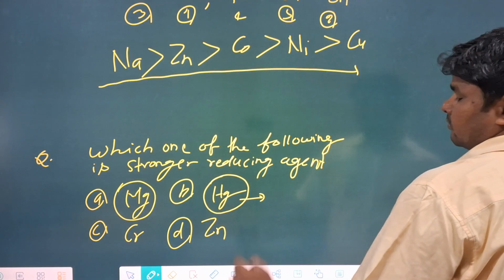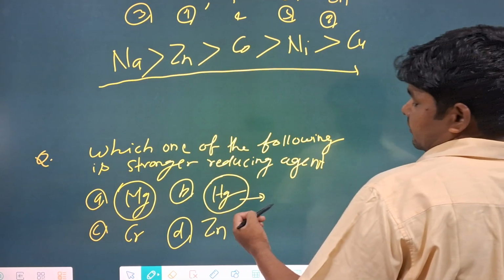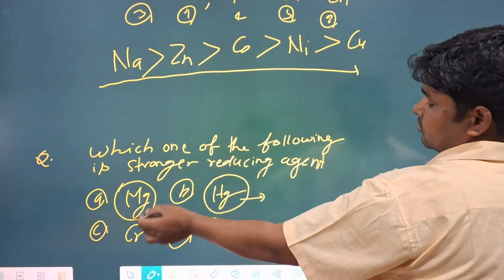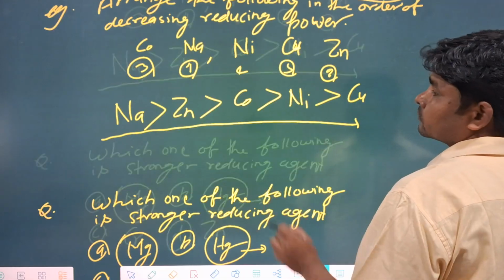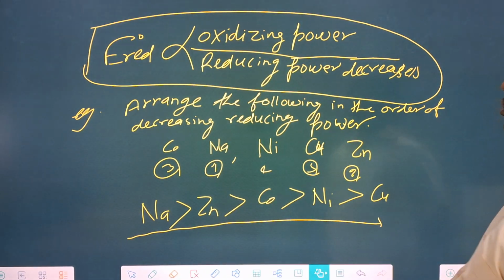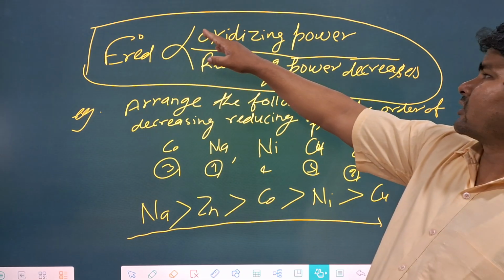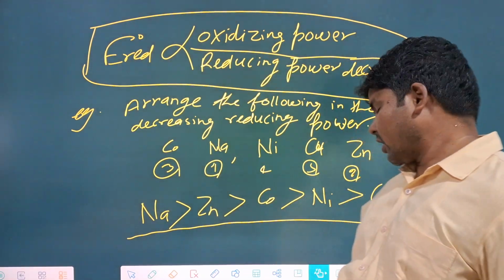Mercury contains a positive value of reduction potential, that is a higher value as compared to zinc and chromium. The formula also says that to make oxidizing power high, the value of reduction potential should be high.